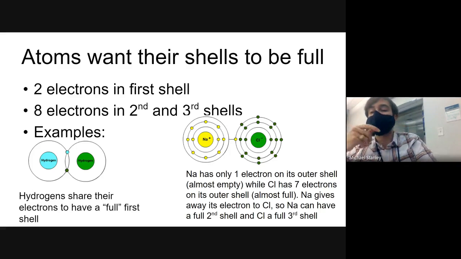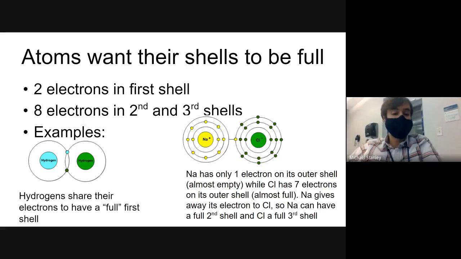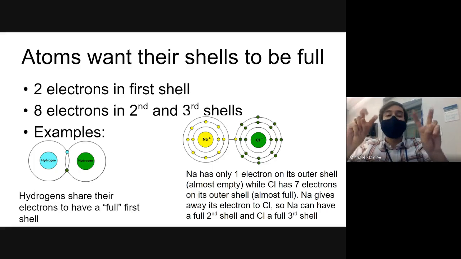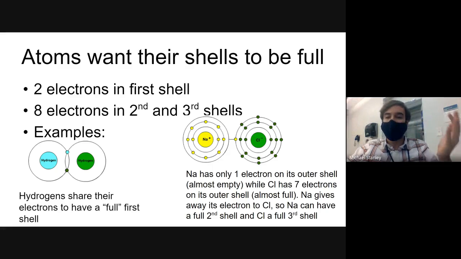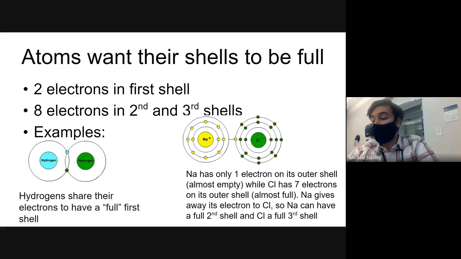All right. So one interesting thing that scientists noticed when they first started observing and measuring atoms is that atoms really want their shells to be full. So atoms are kind of the most, I like to call it happy, but I mean they're atoms, so they can't really have feelings or emotions. But they're the most stable, the most kind of conserved when their outer shells are full.